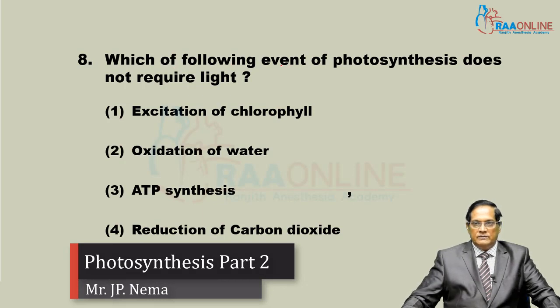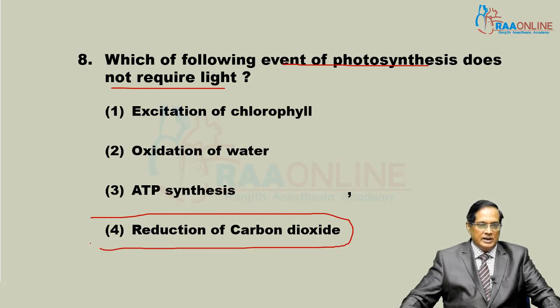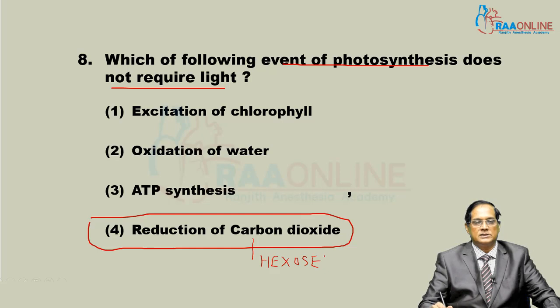Which of the following events of photosynthesis does not require light? I have already discussed this in the 7th question: reduction of carbon dioxide takes place and hexose sugars are formed. Carbon dioxide is reduced and its result is formation of hexose sugar in the stroma of chloroplast.